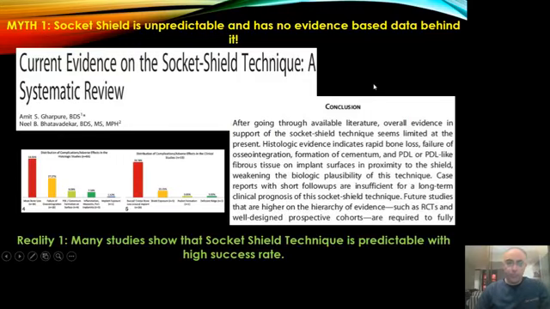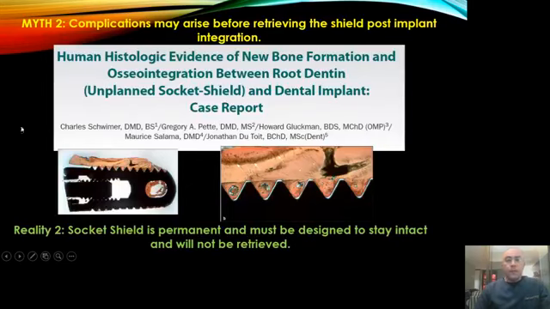We all need the reality, right? Myth number 2: complications may arise before retrieving the shield post-implant integration. A lot of people ask me, how about removing this piece? Are we going to have any problem before removing this piece of shield, or the buccal section of the tooth itself?